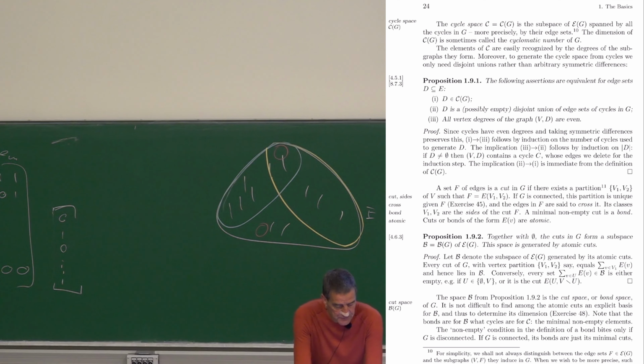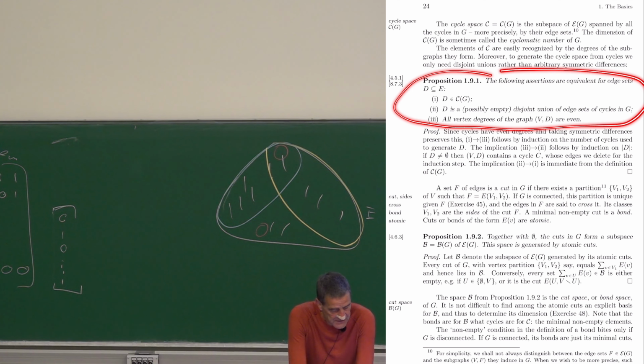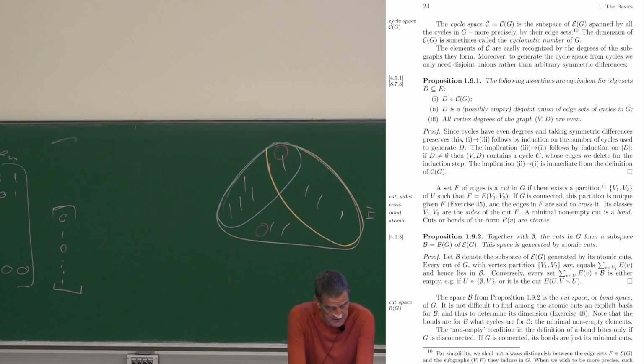So let's prove this equivalence that I wrote up here. The first statement is that a given set of edges is an element of the cycle space. So it's generated by cycles.